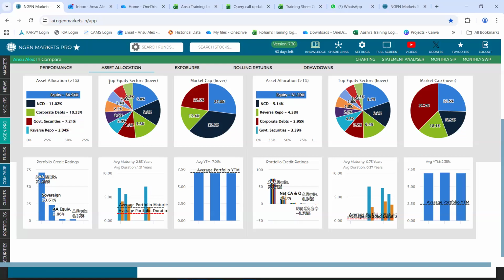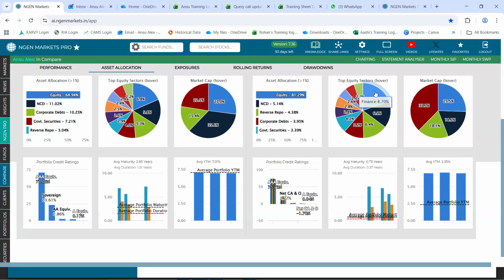Next to that, you can also view the top sectors that have exposures in both the portfolios. In the equally allocated portfolio, the highest exposure is towards banks as a sector, to an extent of 6.7%. However, in the aggressive portfolio, it has come up to 8.7%, and that is to finance as a sector.